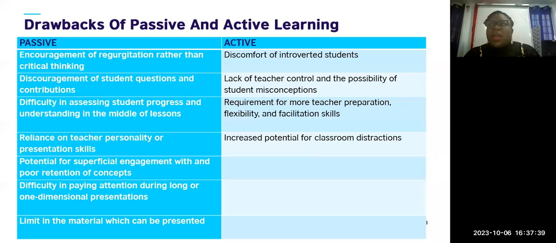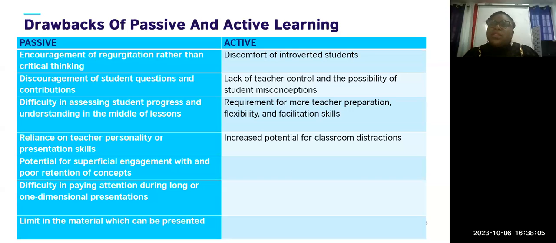And also, another disadvantage of passive learning is that in terms of material, we'll not really have enough material to give the learners such that they can enjoy the lesson. Now, the disadvantage of active learning is that with introvert learners, because they don't like to speak and interact, it may make them feel a little bit uncomfortable.